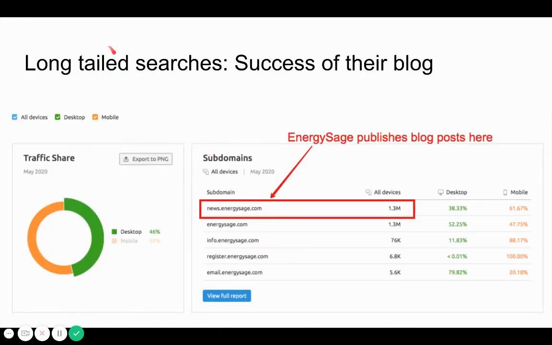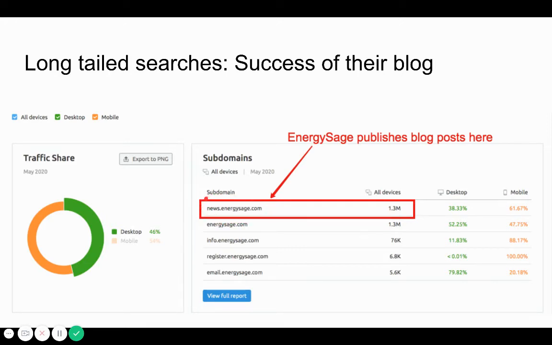And so, long tail searches. This is a blog talking about long tail, meaning the search phrases are longer, right? Like the cost of solar installation, something like that. And you can also tell the traffic on their blog.